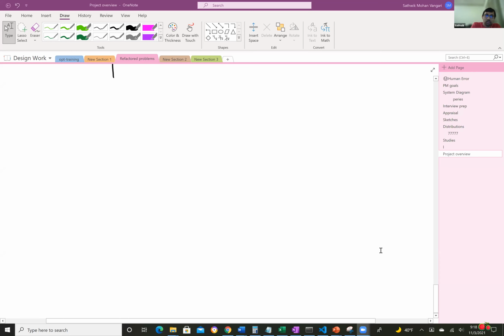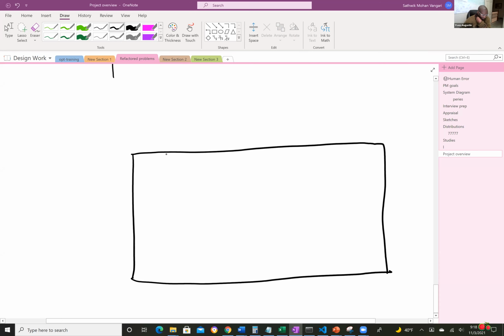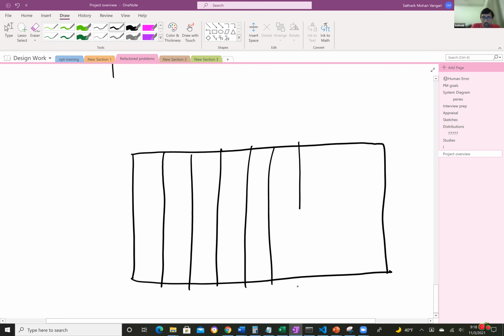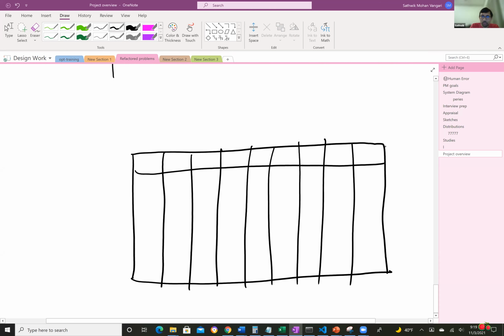So let's say you have a table, your data, and you have 1, 2, 3, 4, 5, 6, 7, 8, 9, let's say. So you have about 9 columns in this data set. So what do you get when you do a correlation plot?